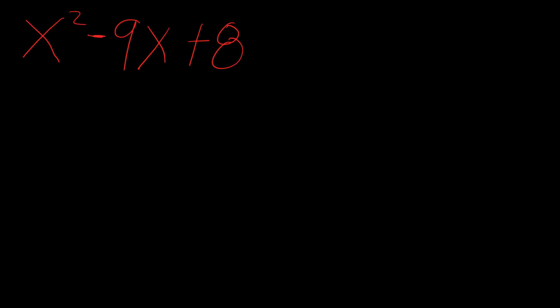Now let's say that I have x squared minus 9x plus 8. What's going to be my a, b, and c term? Yes, the a term is going to be x squared, the b term is going to be negative 9x, and the c term is going to be positive 8. Let's set up our magic box.